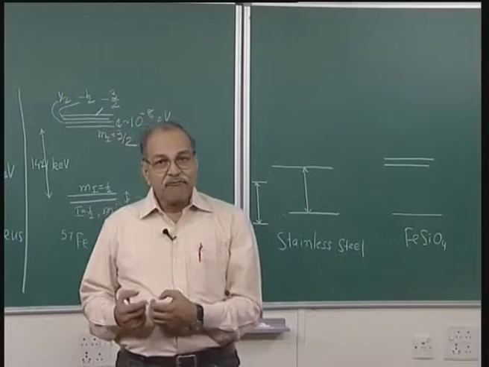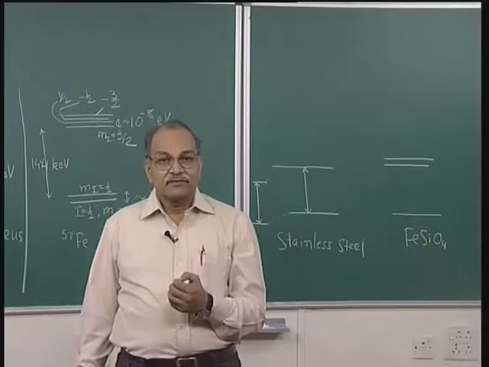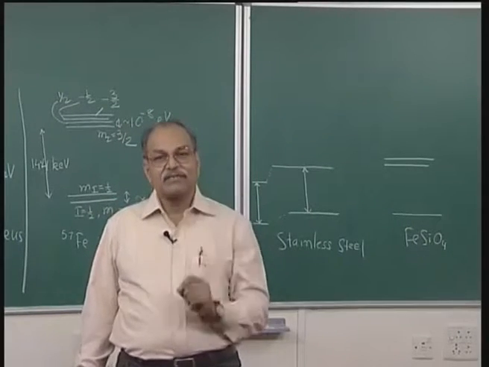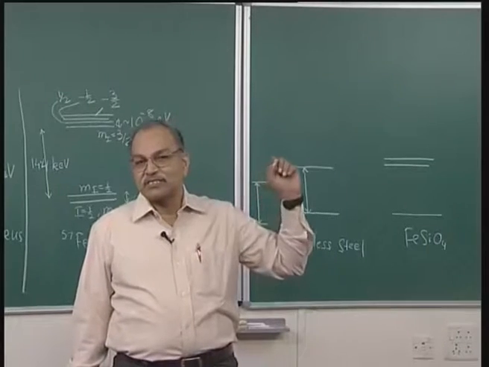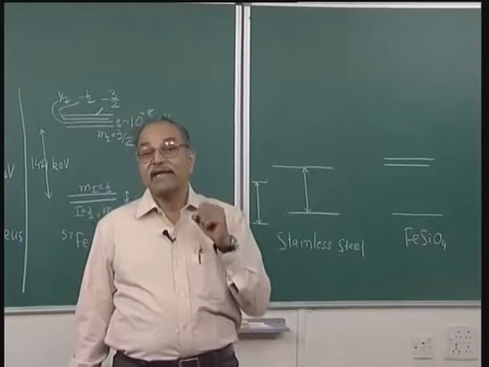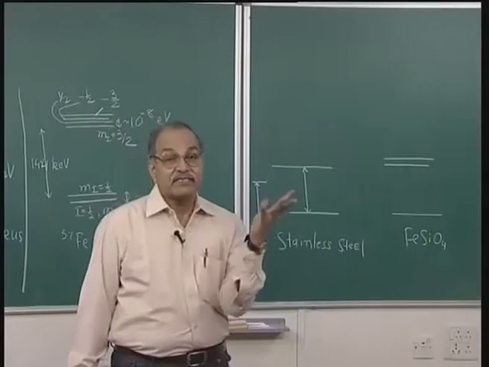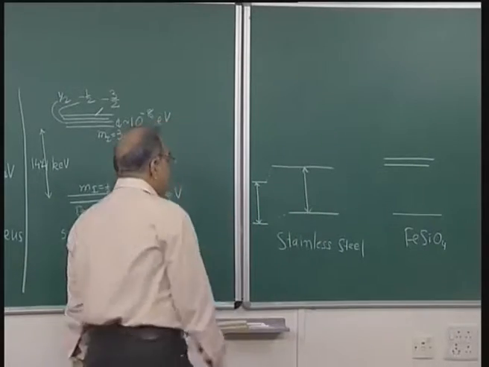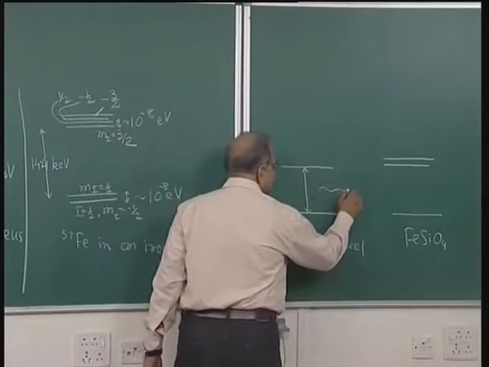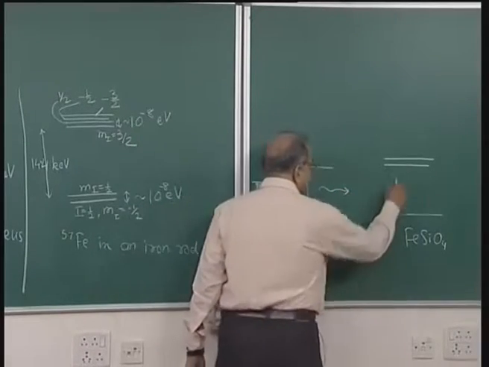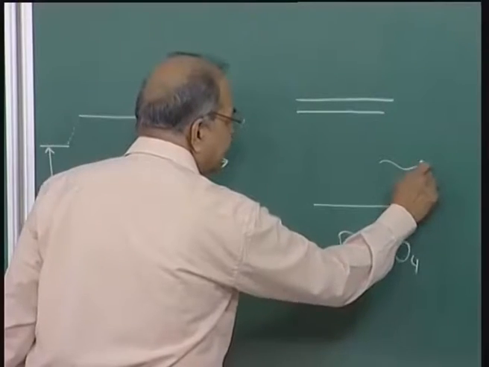And if I can measure this change in energy level, remember this change is of the order of 10 to the power minus 8 electron volts. If this is the situation, some gamma ray is emitted, and if this is the situation, some gamma ray is emitted.